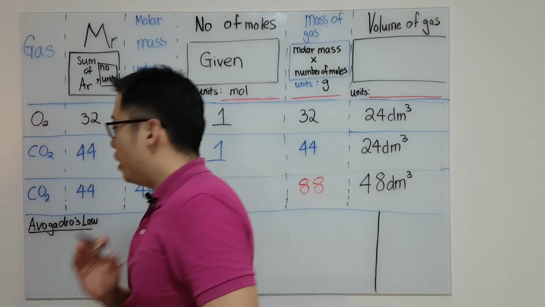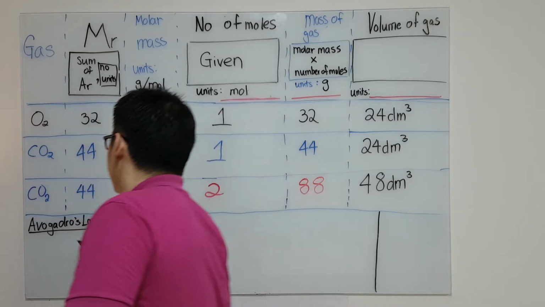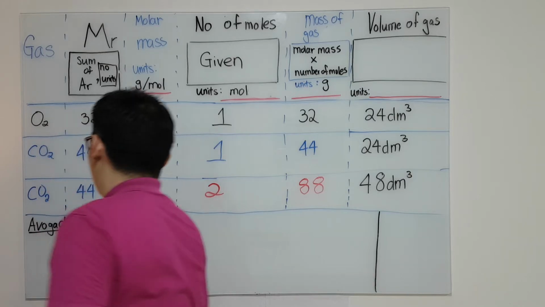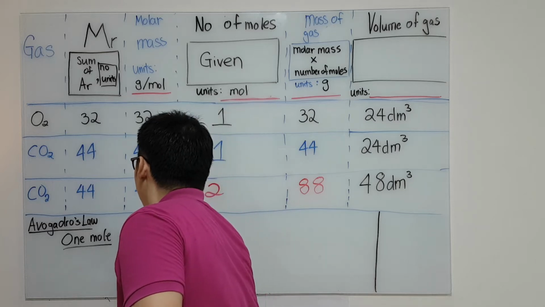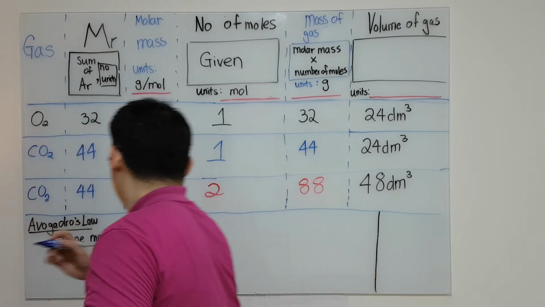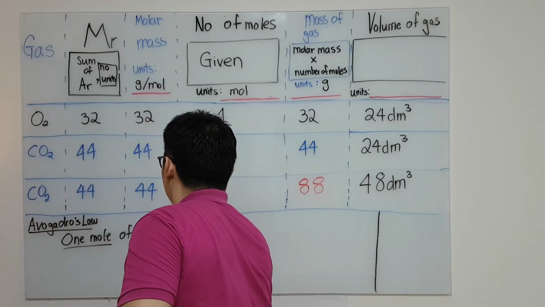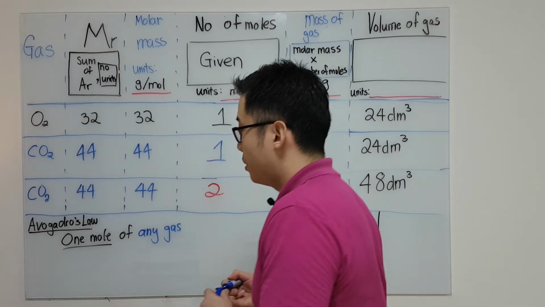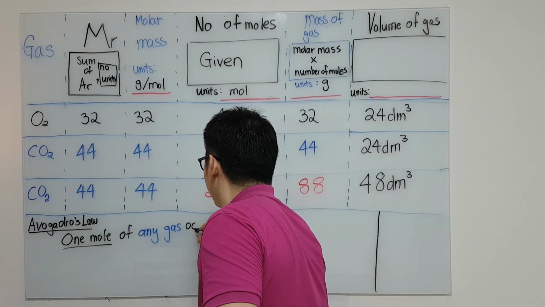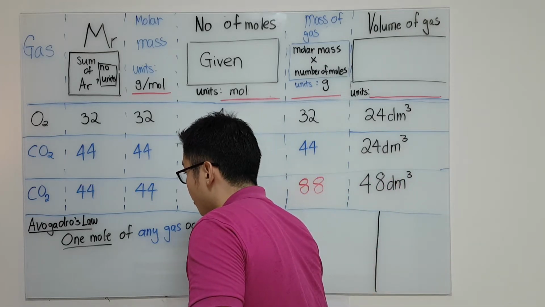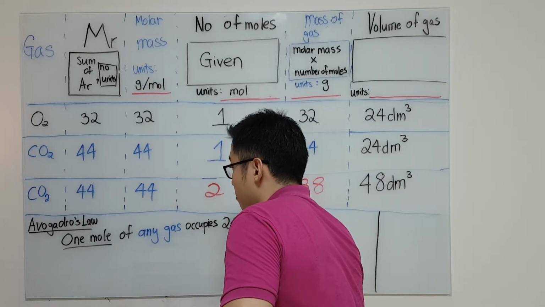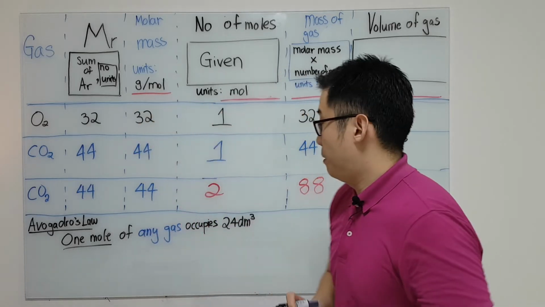This law states that 1 mole of any gas will occupy 24 dm³.